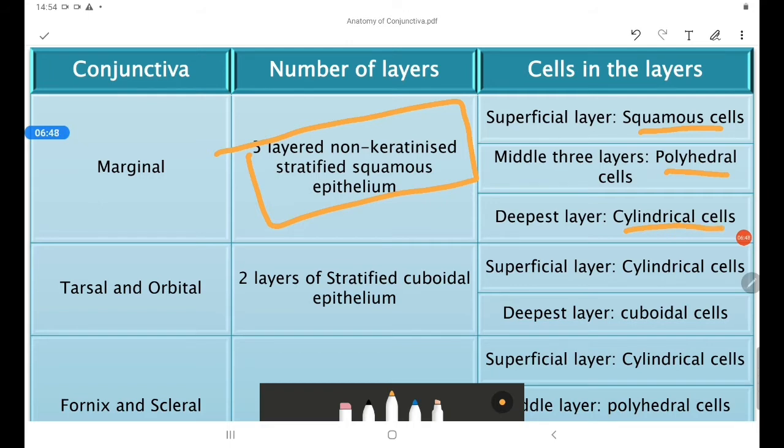It's not very important from an MS ophthalmology perspective. It will be important if you are in the DNB training program. Then the next is the tarsal and orbital. It has 2 layers of stratified cuboidal epithelium. Superficial and deeper layers are formed by cylindrical cells as well as cuboidal cells.